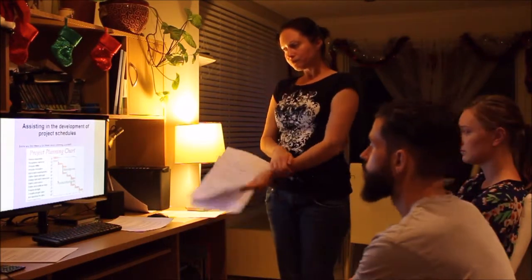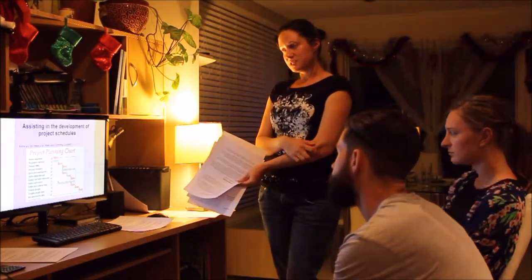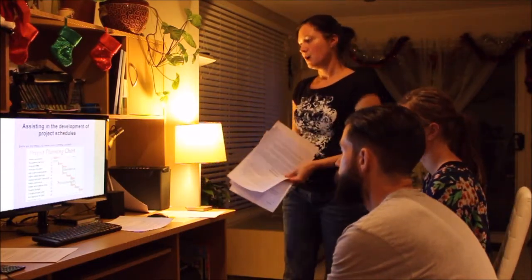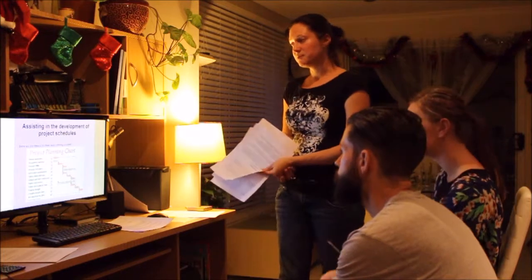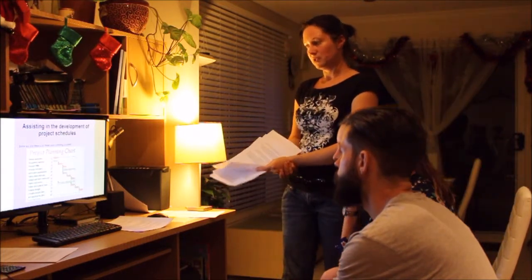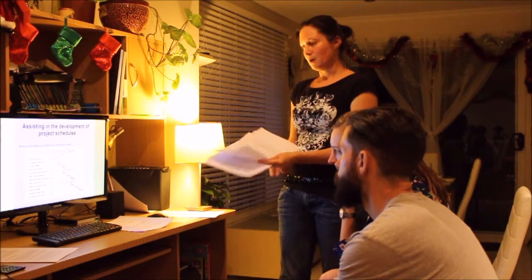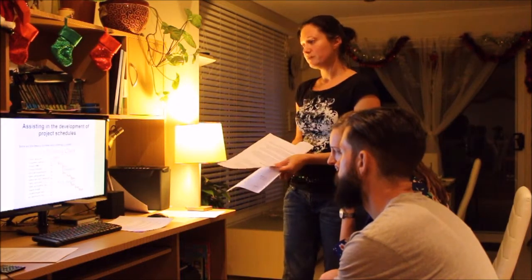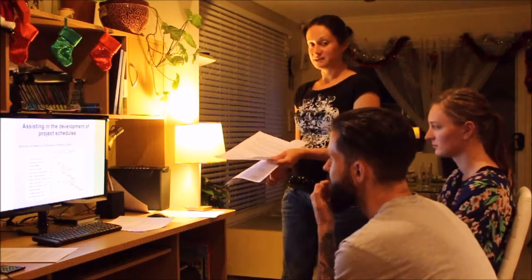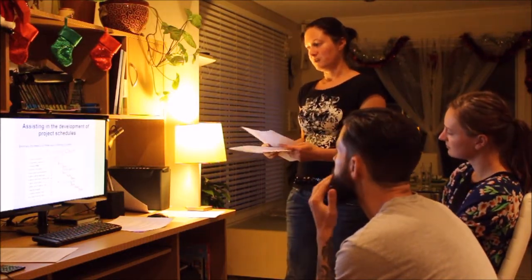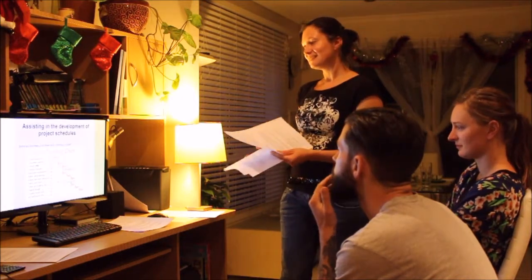So here is an illustration of the steps that you have to take when planning a project. So what do you have to do? First you define objectives of the project, then you document overview, you prepare work breakdown structure. You prepare estimates, and we will have a practical assignment on that.